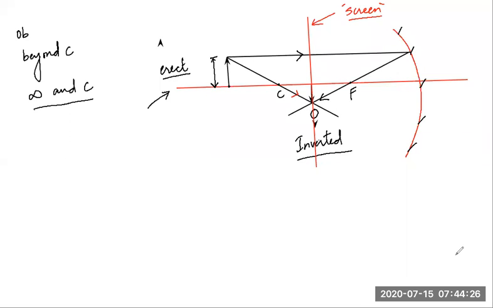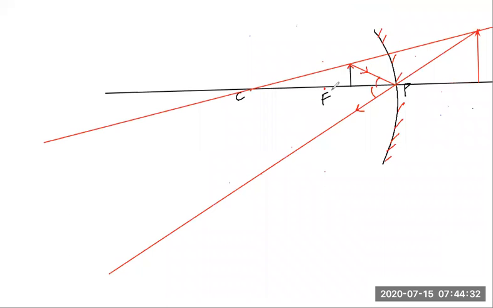But in this case, students, only in this case, when the object is between F and P, the image is virtual. This is the case of virtual image, and the image is little bigger in size, or you say it's magnified, and it is erect.